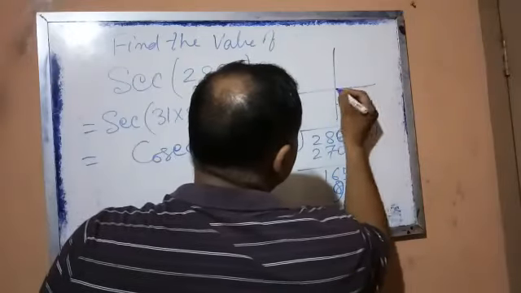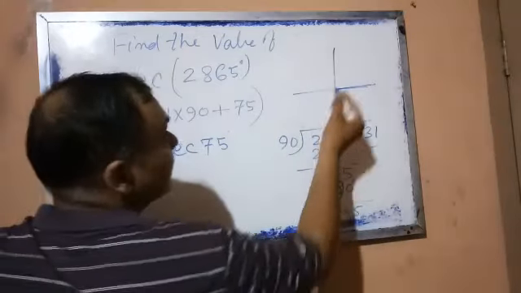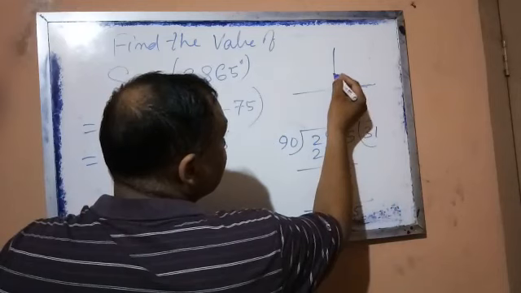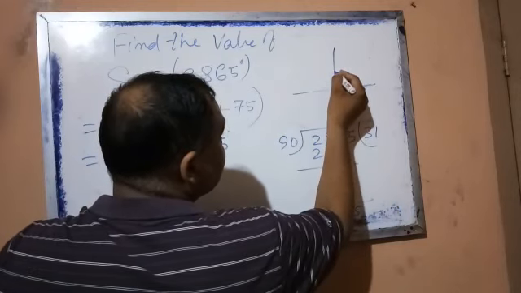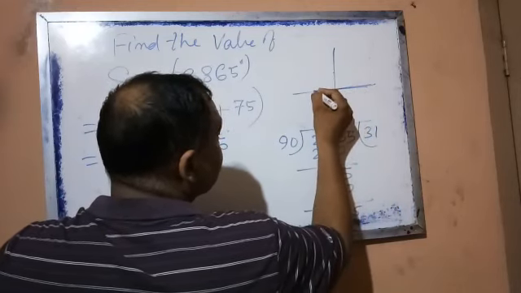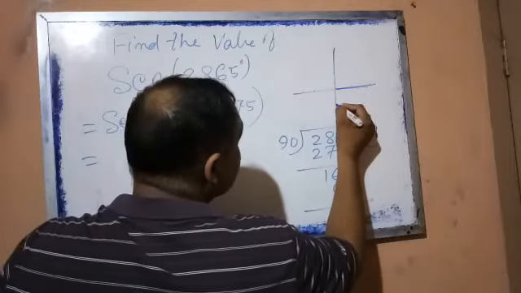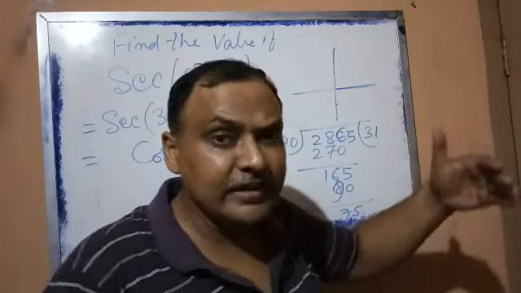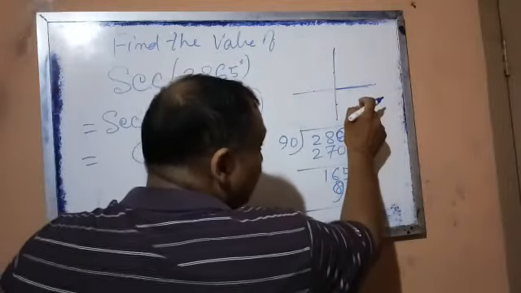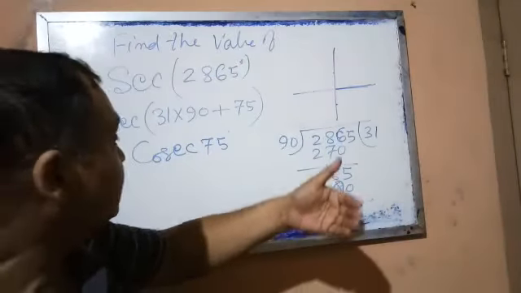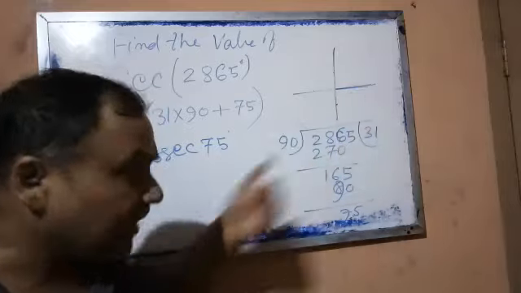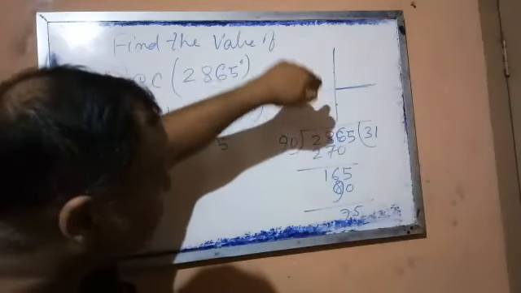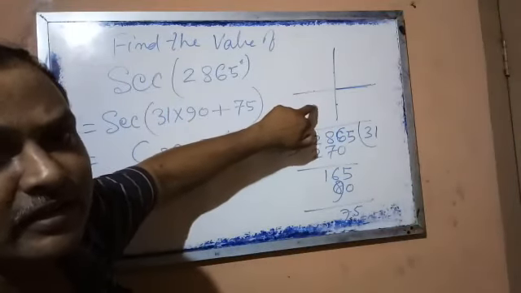So 28 will come here. So 28 into 90, 29 into 90, 30 into 90, 31 into 90 plus. If it is 31 into 90 plus, it will be in the next quadrant. But if sometimes 39 into 90 minus, it will come to the same quadrant where it is falling.